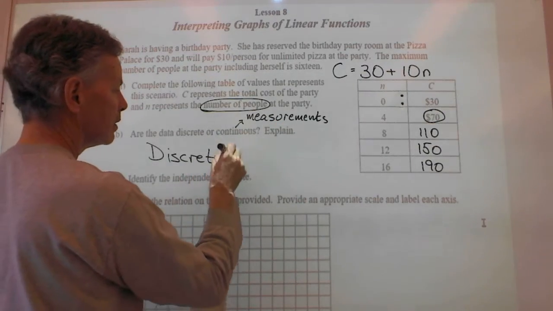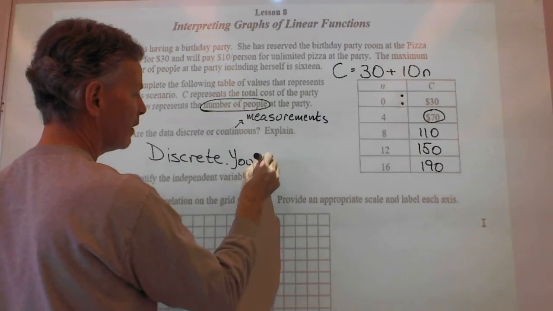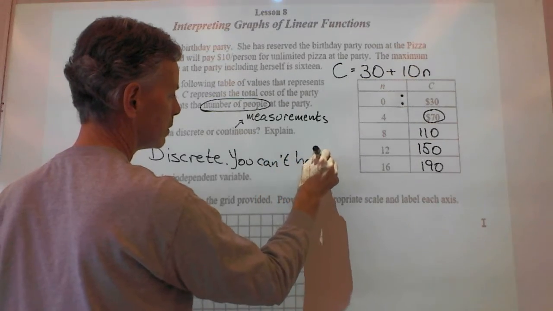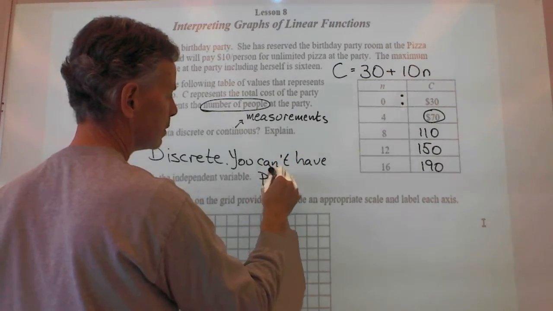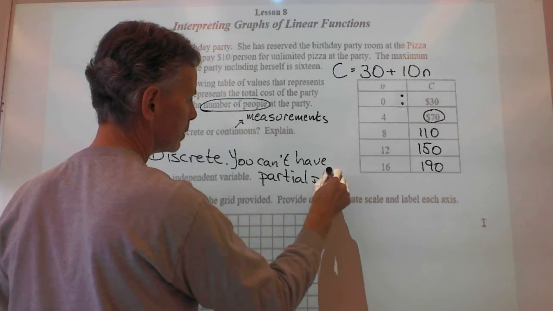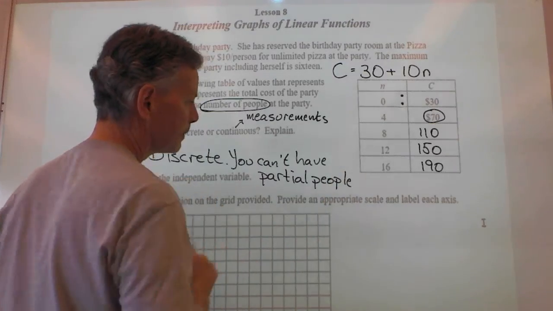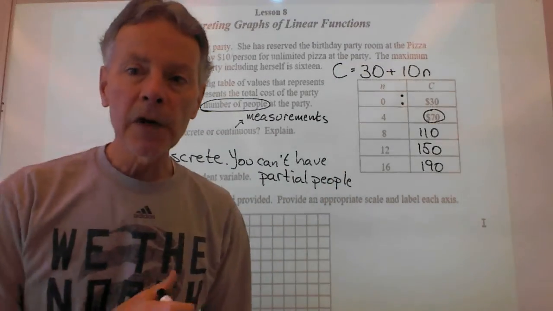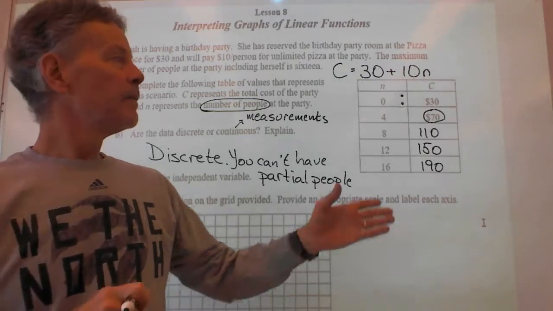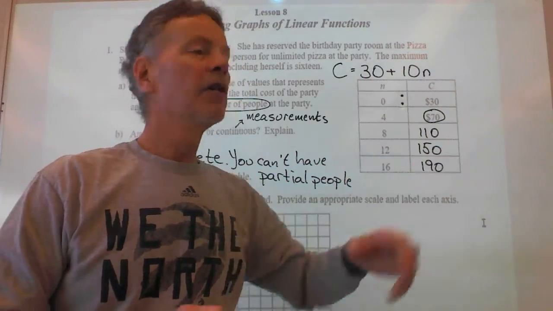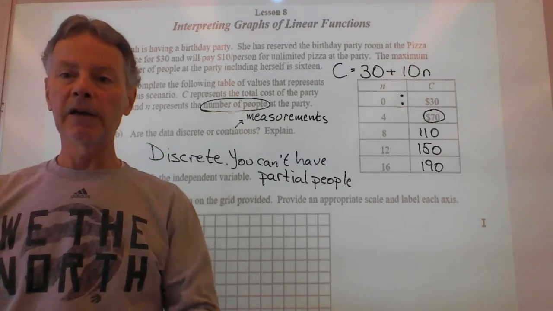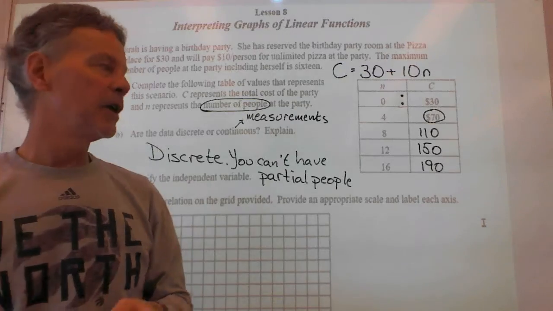Explain, you can't have partial people. Okay? So again, just ask yourself, is either of my variables something that you could reasonably be expected to divide into smaller bits, into fractional bits?